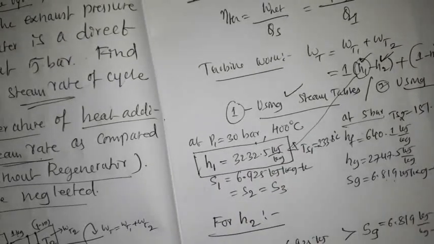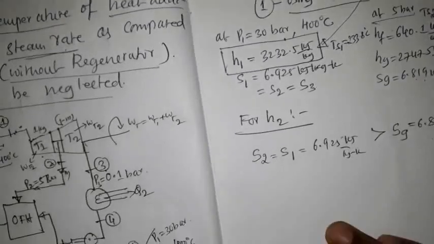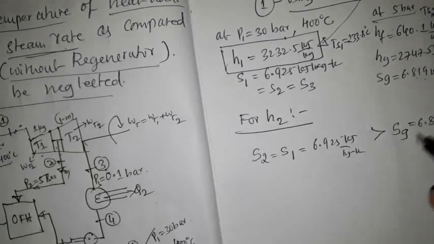So then again, this is the temperature. We have to calculate the superheat temperature at state 2 to calculate the enthalpy at state 2.